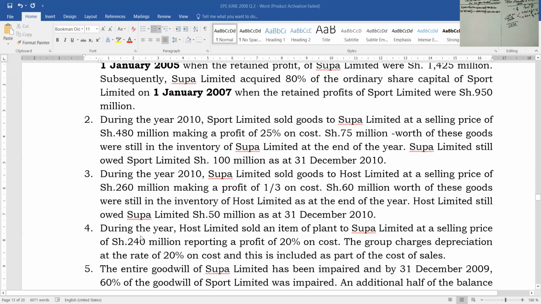So right now, you are told in additional information number 4: during the year, Host sold an item of plant to Super at a selling price of shillings 240, reporting a profit of 20% on cost. So that is a markup again. So the group charged depreciation. For depreciation, we are not concerned for now. Anyway, I would have to adjust again the relevant depreciation overcharge under cost of sales.